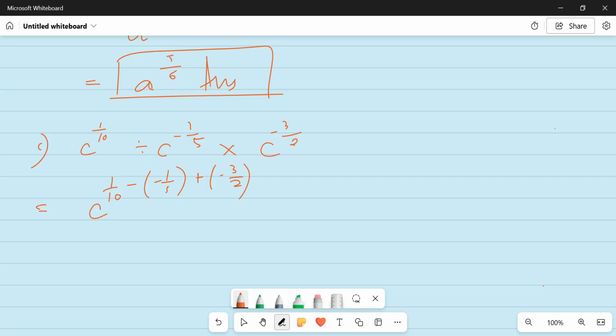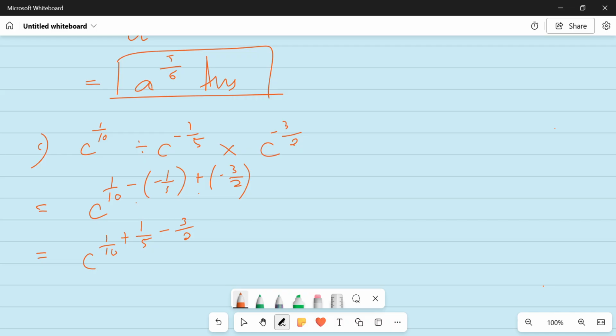Did you understand this? Multiply changes into plus, divide changes into minus, and all the negative powers I put in the bracket. So c to the power 1 over 10 minus minus plus 1 over 5. Now multiplying the signs, plus minus minus 3 over 2.